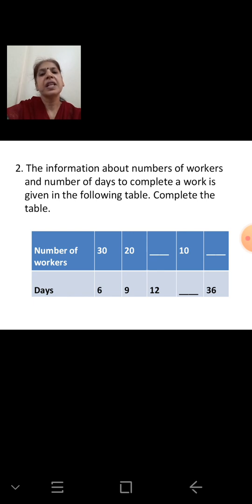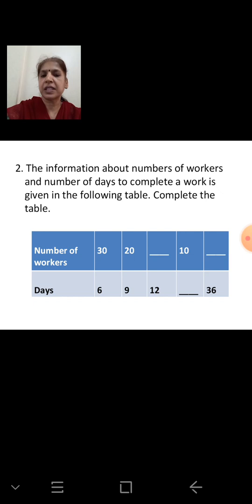Now when workers are 30, days are 6. When the number of workers is 20, days are 9. Then the missing pairs have been given. We have to find the number of workers when days are 12. When the number of workers is 10, we have to find their days. And when the days are 36, we have to find the number of workers. Now, we have to keep in mind by observation.